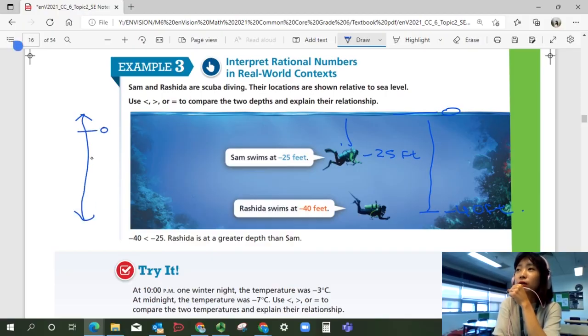If that's 0, negative 25 here, negative 40 would be here. So it's less than negative 25. Rashida is at a greater depth than Sam. Sometimes negative numbers could be confusing. So please use the number line, either the vertical or the horizontal one, to see and check if your guess is right. Let's look at try it.